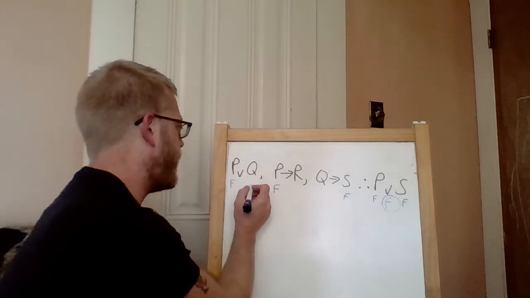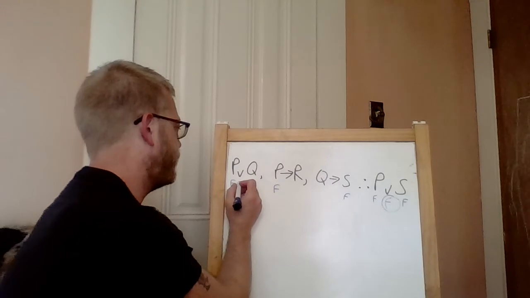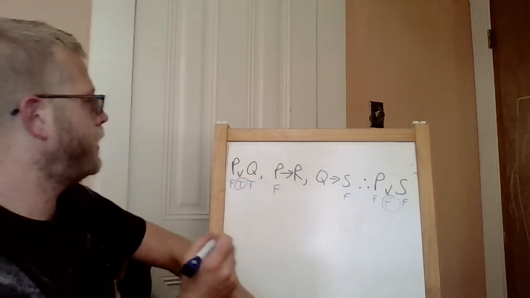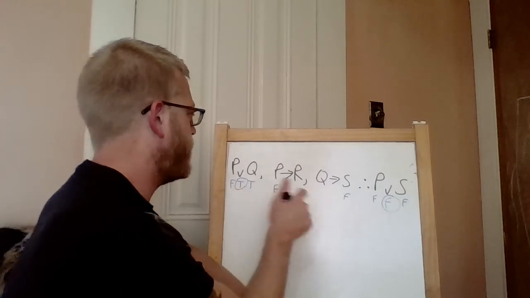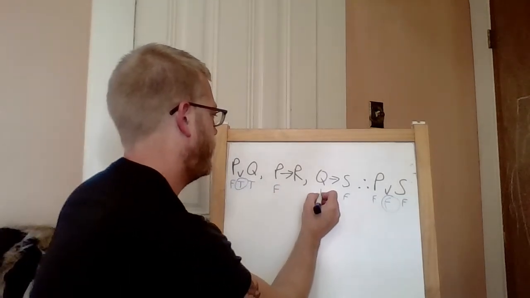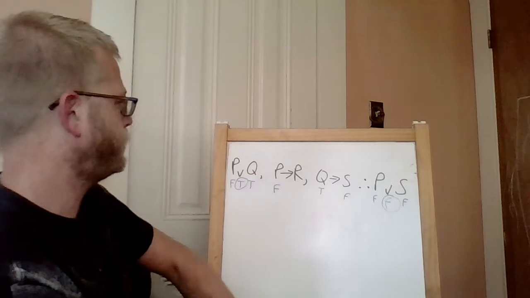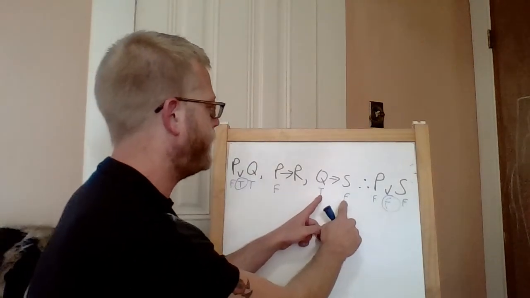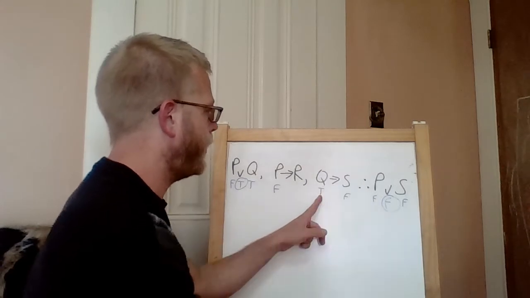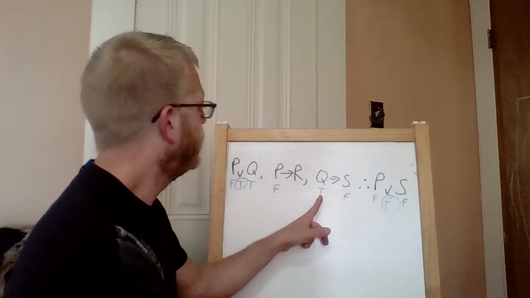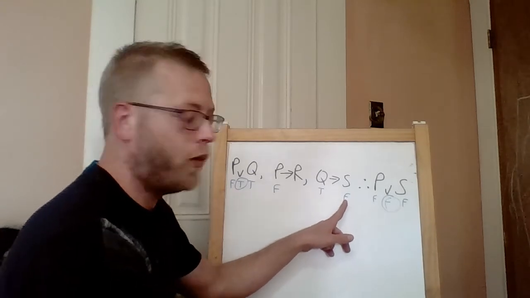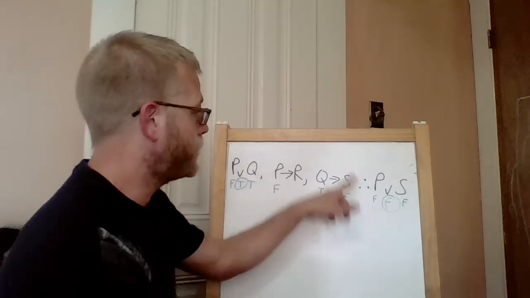So Q is going to have to be true if I want this first premise to be true, which I do. So what we're trying to do, we got a truth value locked down. So let's put a T right here. And now let's see, what do we want to do? Well, we've got all the truth values that we need to figure out the truth value of the third premise here. It's got a true antecedent and a false consequent, which you all know now, right? It means the whole thing is false.